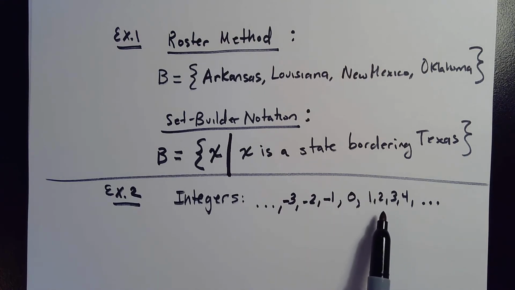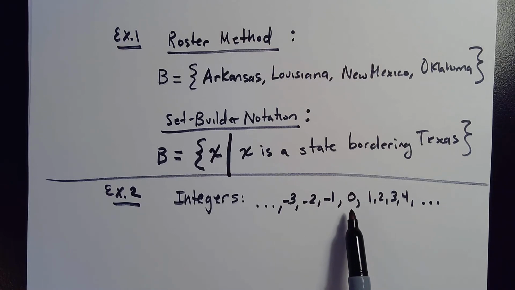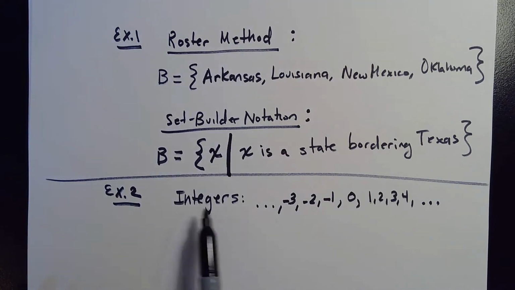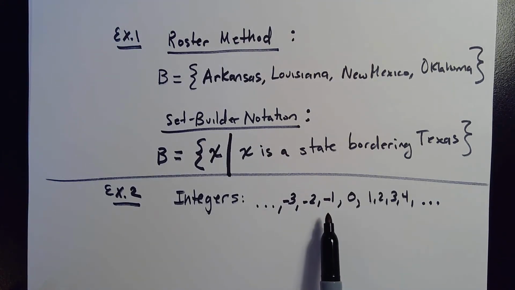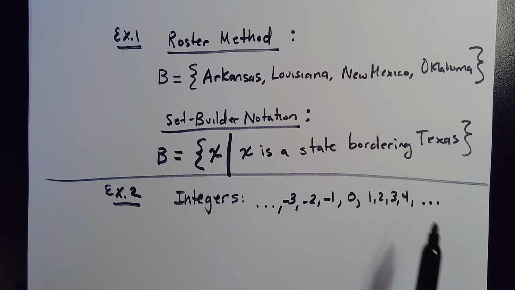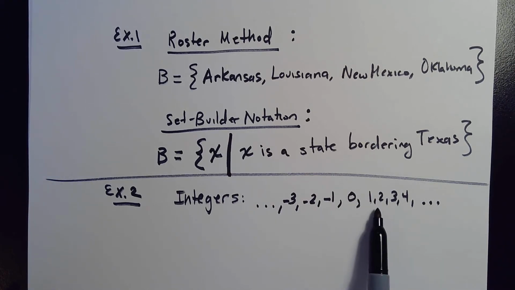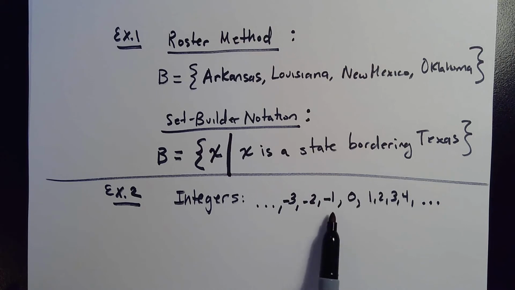You can think of them as the whole numbers, but you have to include also the negative numbers. 0 is part of the whole numbers, but not the negatives, correct? So the integers include both the negatives and 0, and then the positive numbers 1, 2, 3, 4, and then -1, -2, -3, all the way to negative infinity.